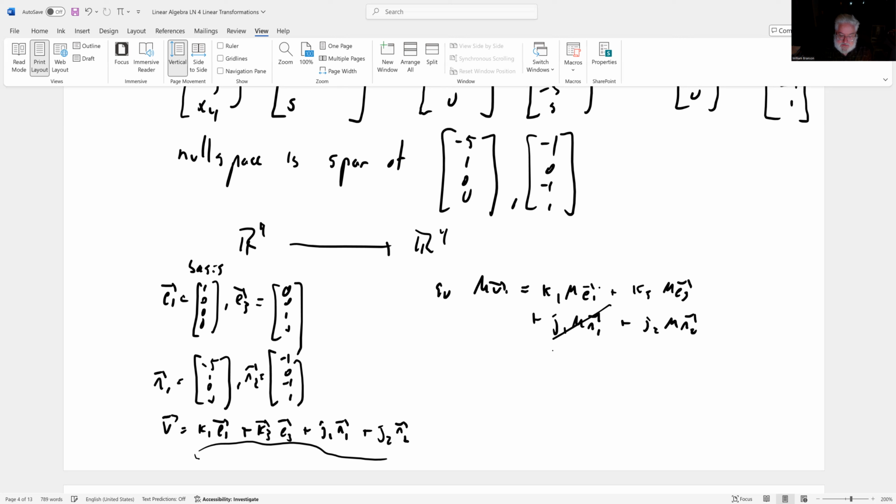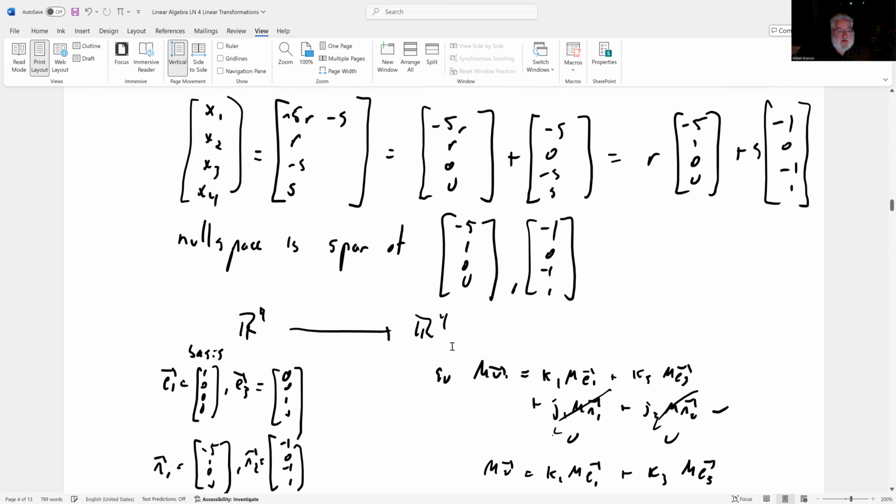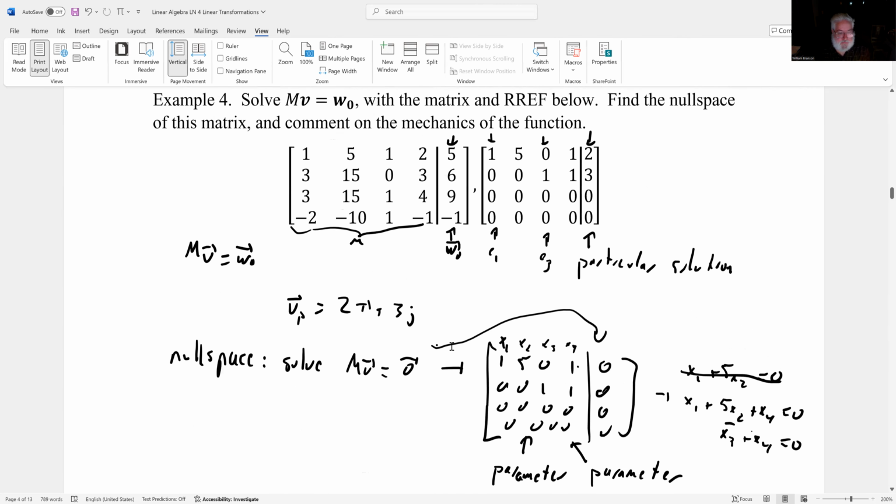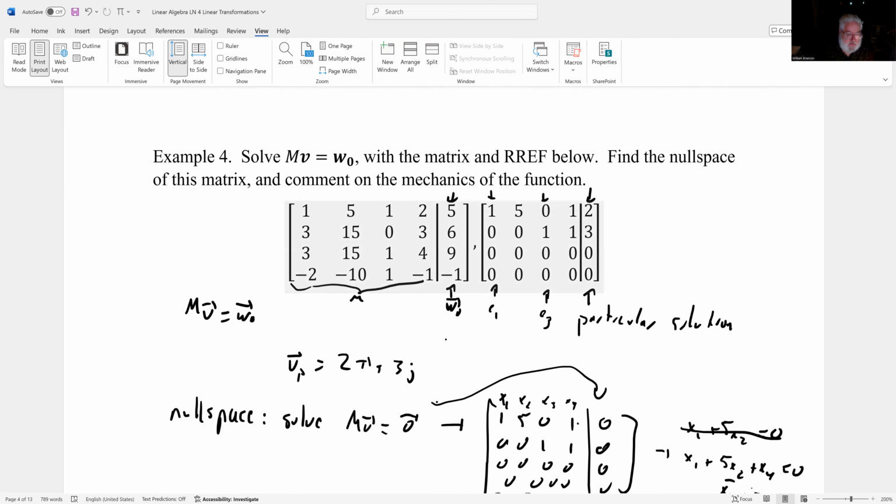But this is 0 and that is 0 because that's in the null space. And so Mv equals K1 M E1 plus K3 M E3. ME1 is the first column, and ME3 is the second column.